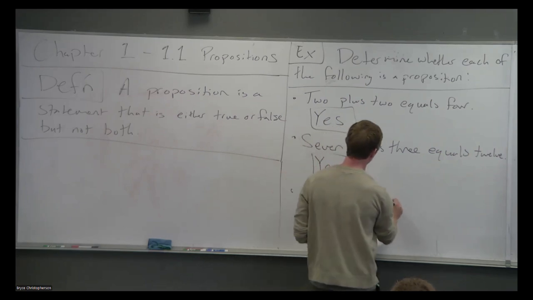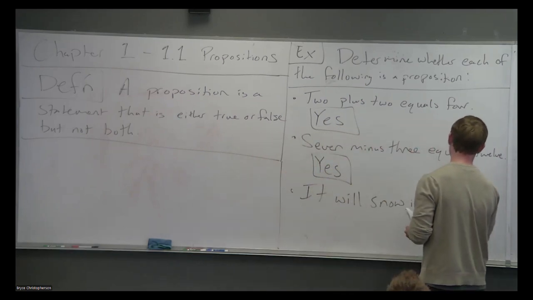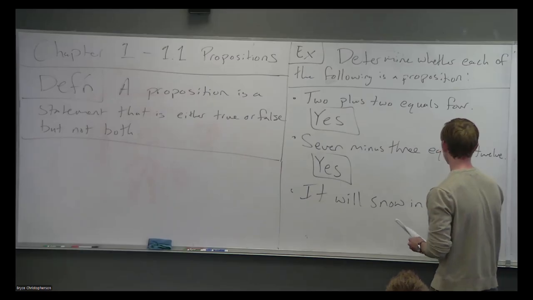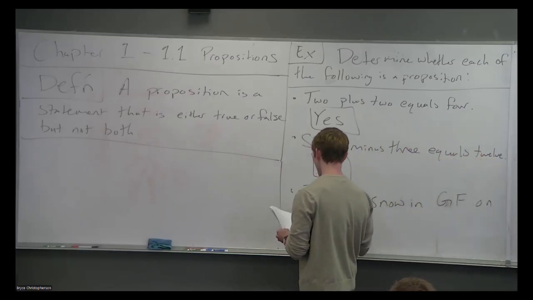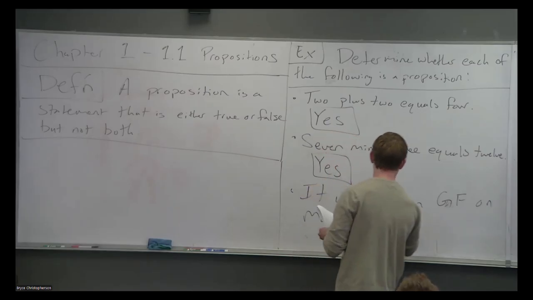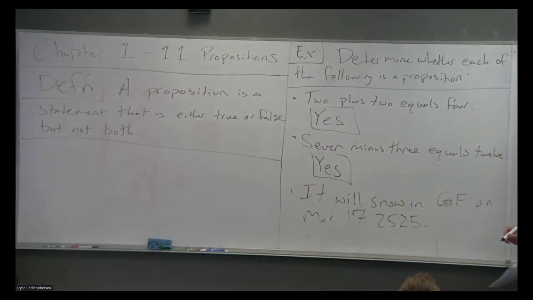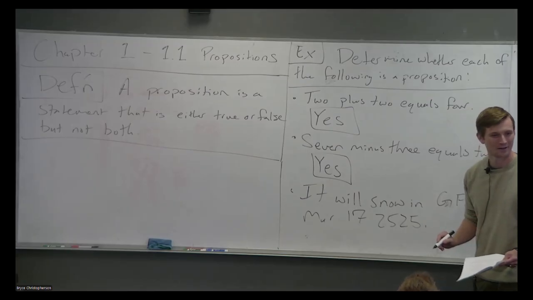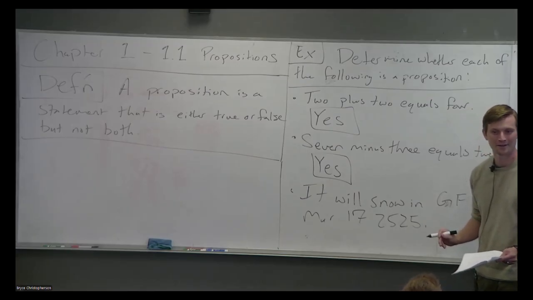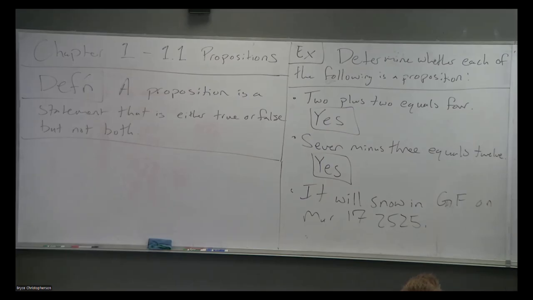It will snow in Grand Forks on March 17th, 2525. Will it? True or false? It could be true or false, but it's unknown. I see. So for this statement, you're saying you don't know whether it's true or false. Is it a proposition? Okay, this is a good distinction.